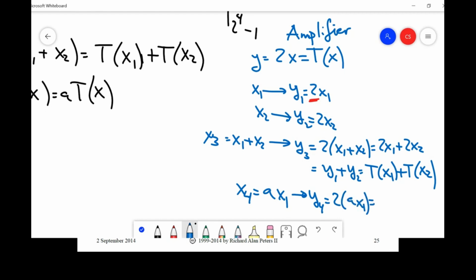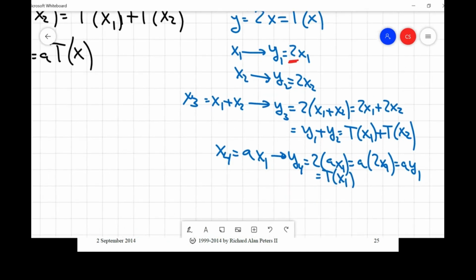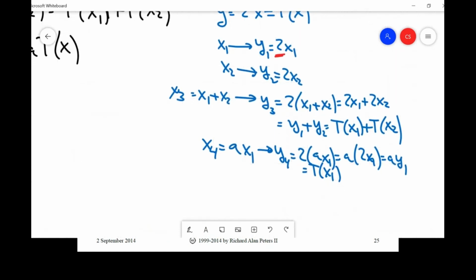But multiplication is associative and it is commutative. So I can rewrite this as a times 2x1. And this is a times y1, the transformation of x1. So it fulfills the two properties. So this transformation multiplying by 2 is a linear operator. And now you know properties of linear operators.